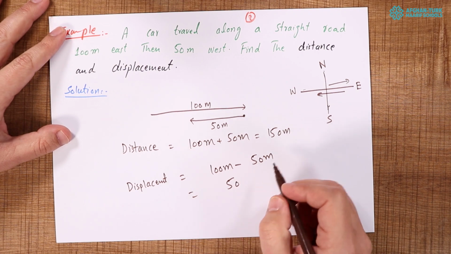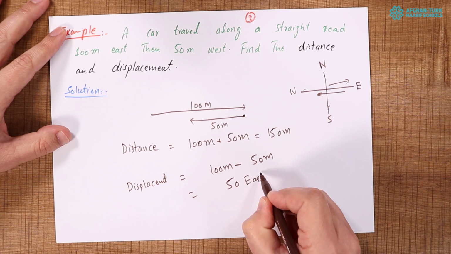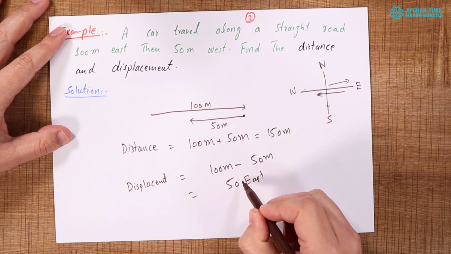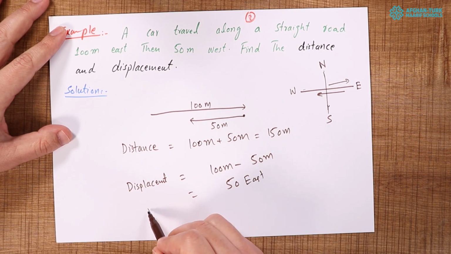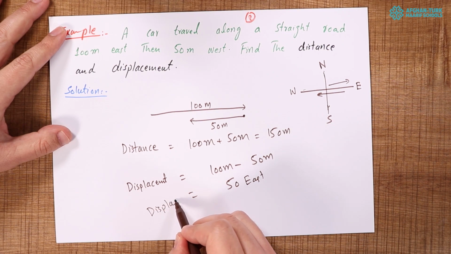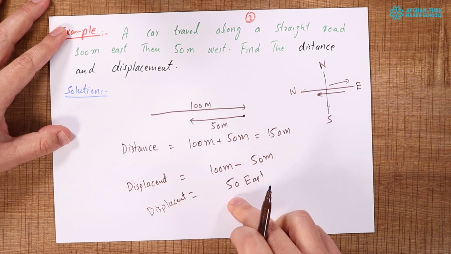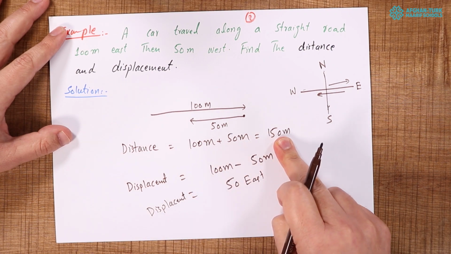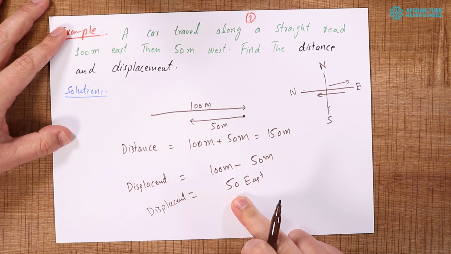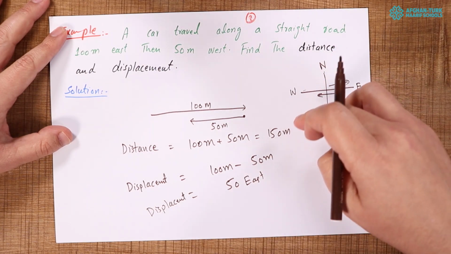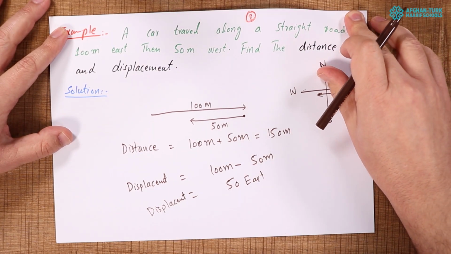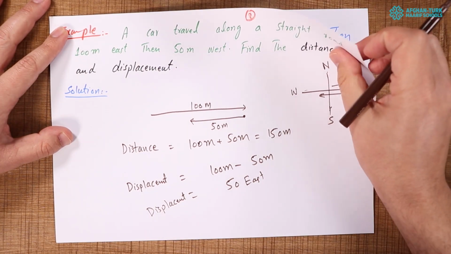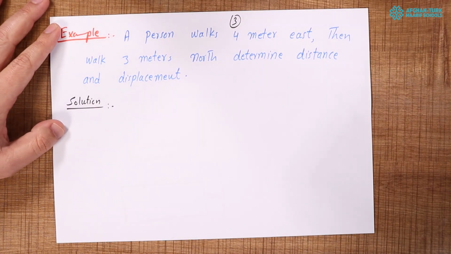Toward the east side. So we also give the direction here, and this shows the displacement. So the total path in distance is 150 meter, but in displacement it is 50 meter. So this is the shortest and this is the longest. Okay, next example.